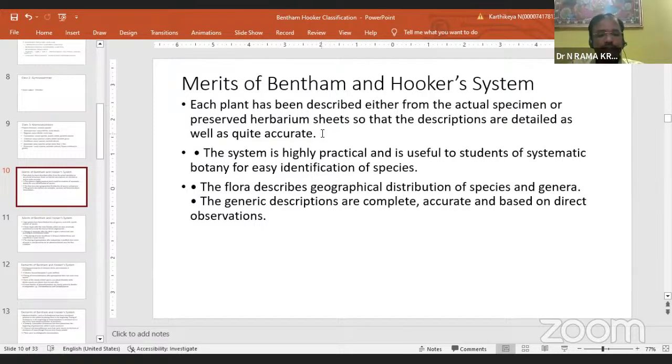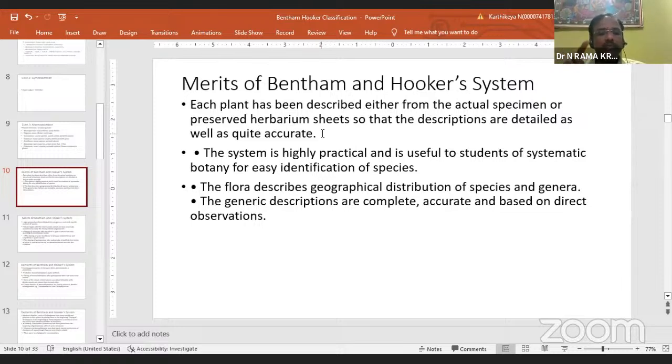Second point, the system is of great practical value in identification of plants. Many countries of the world, including Great Britain and India, widely follow it for the arrangement of plant specimens in the herbaria.